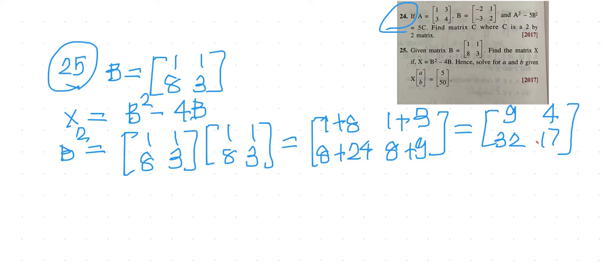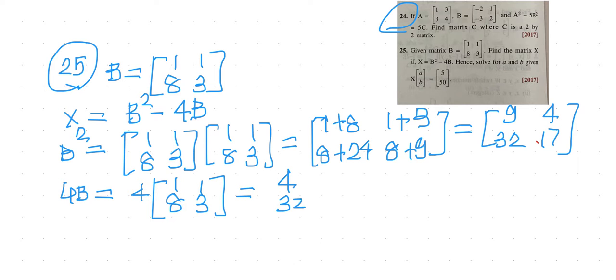Okay, so this is B square, and then how much is 4B? 4B will be equal to 4 times [1, 8; 1, 3]. So this is equal to [4, 32; 4, 12]. Okay, now we will be finding out X, which is equal to B square minus 4B.